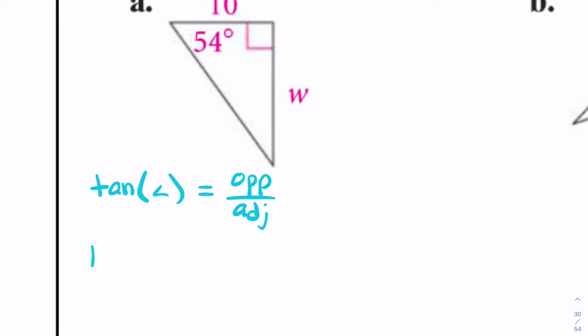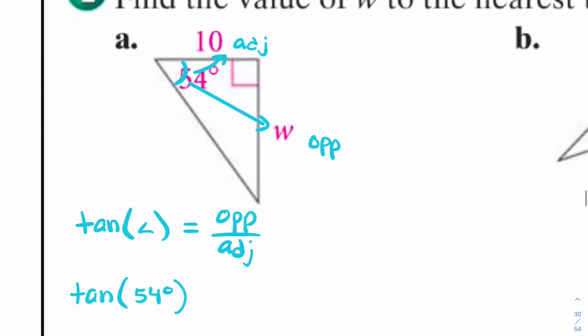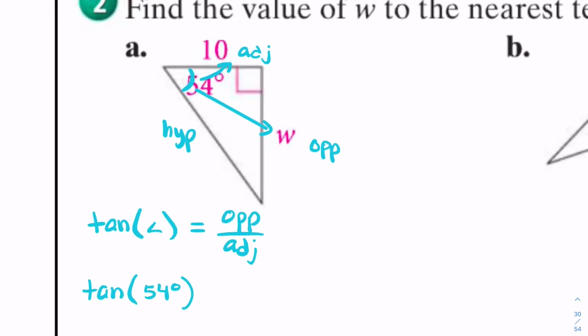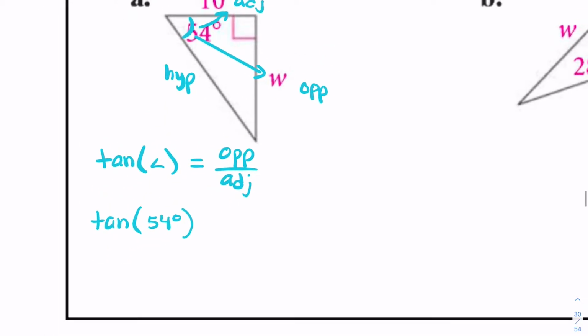So let's find the tangent of 54 degrees. I'm going to actually put in a number now for my degree measure. So the tangent of 54 is equal to my opposite over my adjacent. And the hypotenuse here, again, is not used. So tangent of 54 is equal to W over 10.